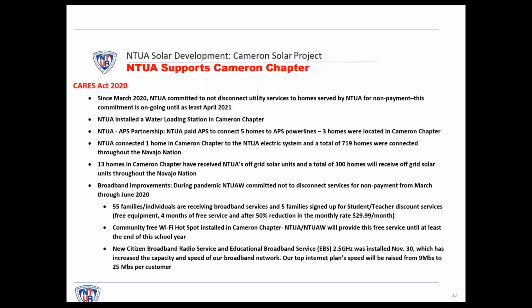We invested a lot of money in Cameron. One of the things noted here are the scholarships that we provide. In every case, when we build a project, we provide at least 2 full scholarships each year for 2 students in those chapters.